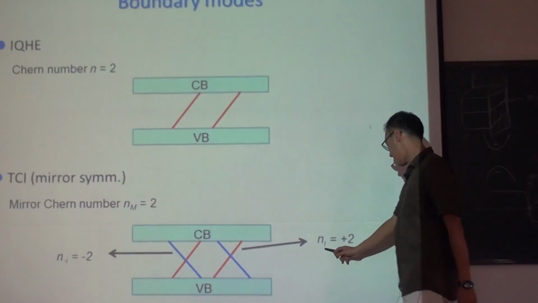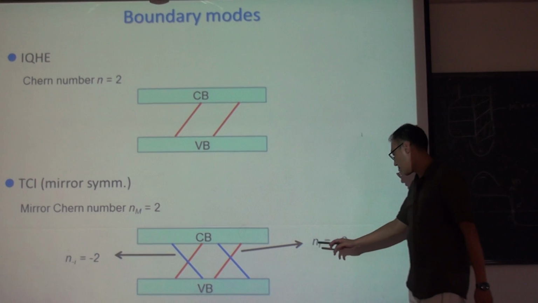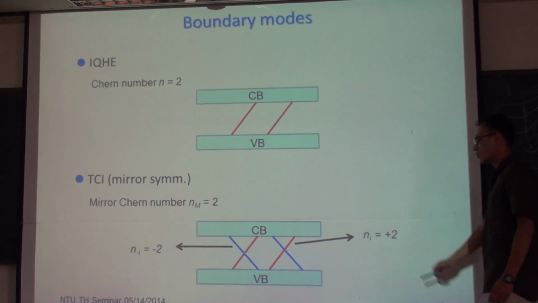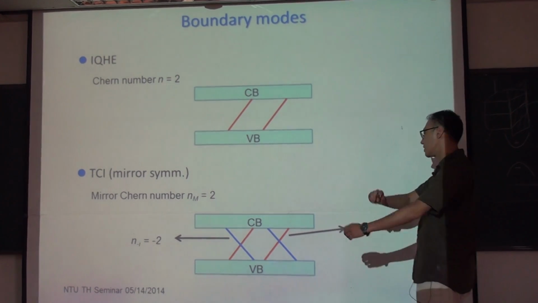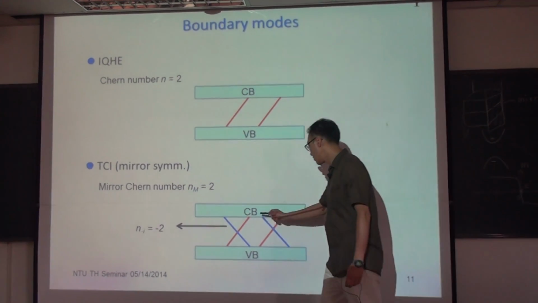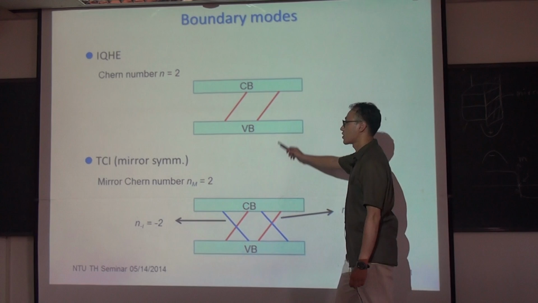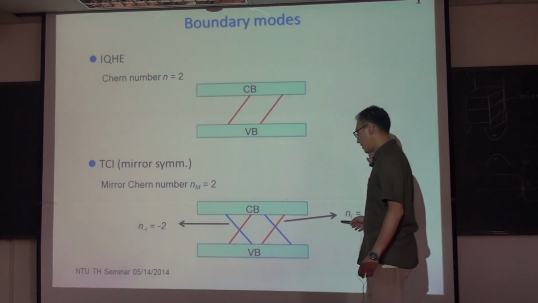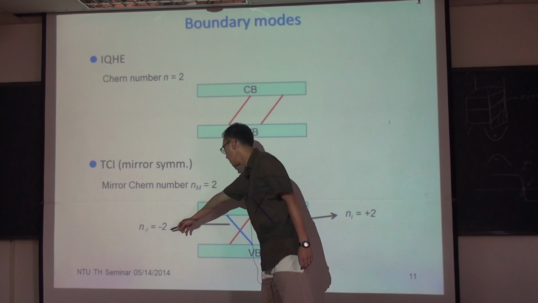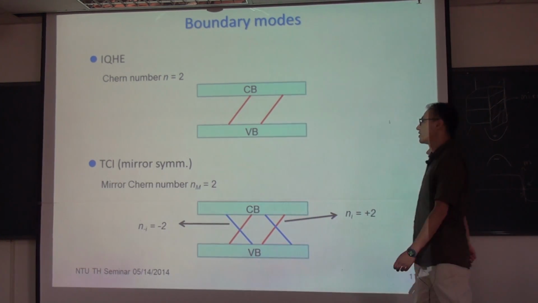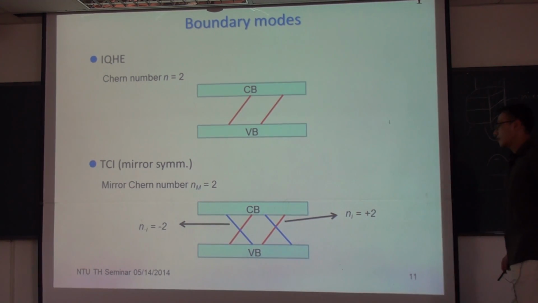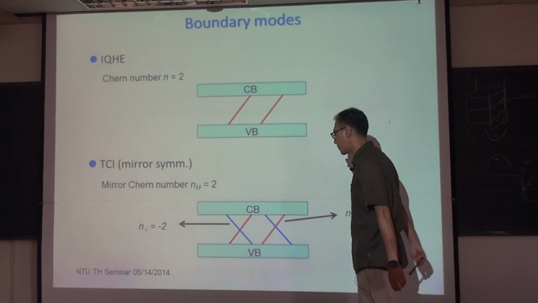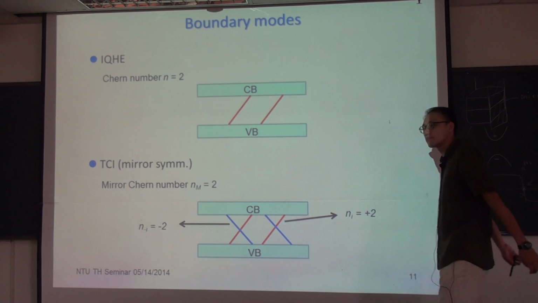For a block with mirror eigenvalue i, suppose the index is 2, it simply means you will find two boundary modes, just like the quantum Hall system. And for the other block, you have another index, minus 2. Then again, you have two boundary modes, but now the propagation direction is different.